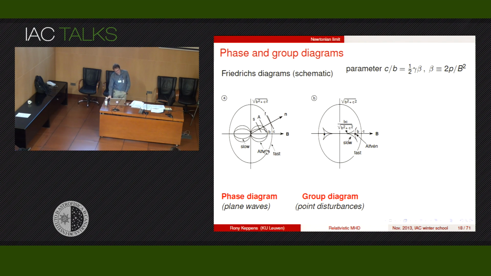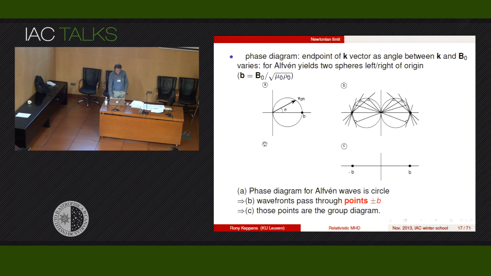If I take this diagram and I do my Huygens constructions, I will get this diagram. This is the group diagram. And the point is that these Alfvén guys actually turn out to be circles, okay? In the direction parallel to the field, it's given by the Alfvén speed, and then this is just a circle, all right? And this is a backward and a forward one.